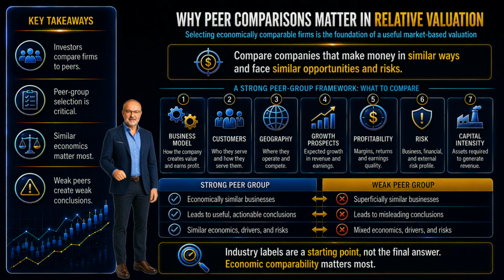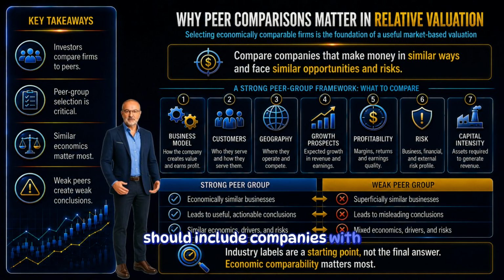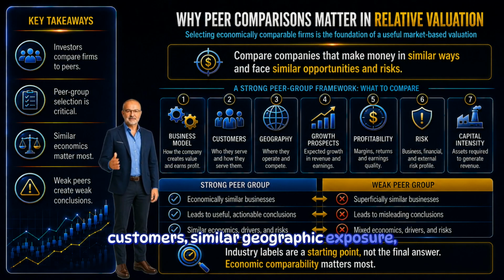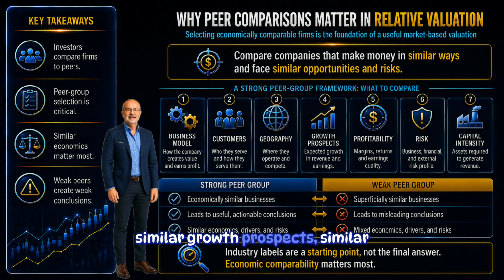This is why peer group selection is one of the most important parts of relative valuation. The comparison set must make economic sense. A useful peer group should include companies with similar business models, similar customers, similar geographic exposure, similar growth prospects, similar profitability, similar risk, and similar capital intensity.